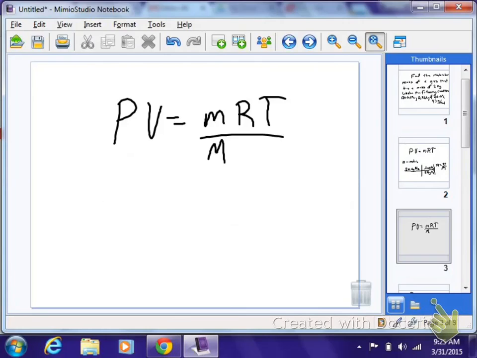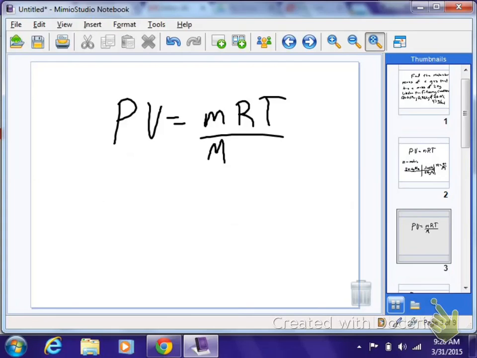So on your paper, rearrange your symbols. I'll give you a minute to think about it, and set it up to solve for capital M. Do that on your paper, because that's what we're going to do in our problem.